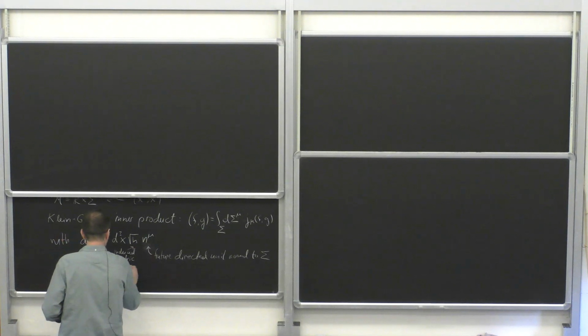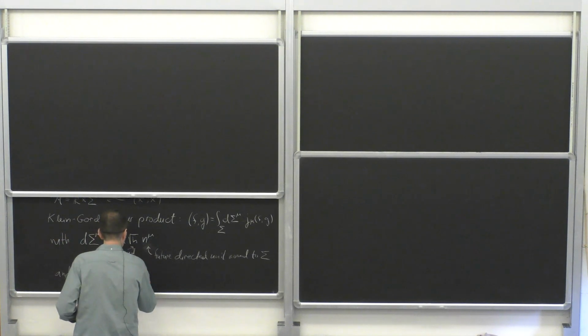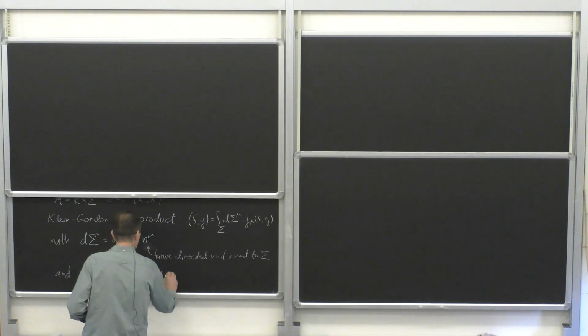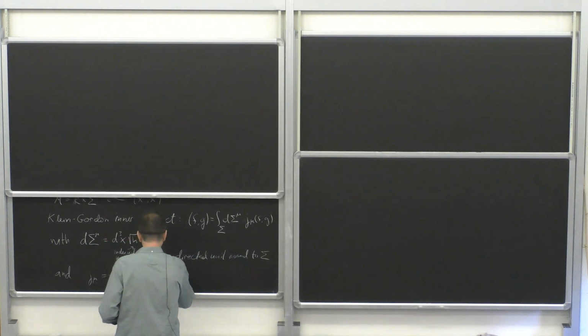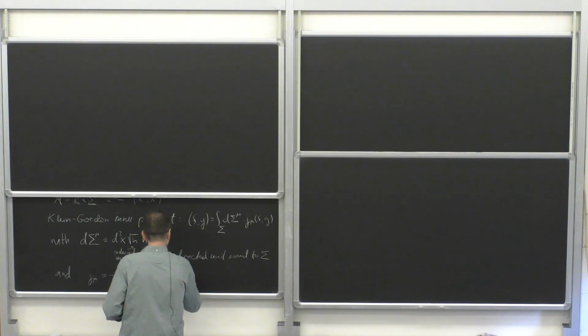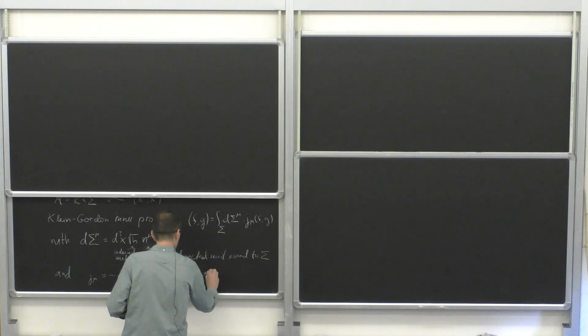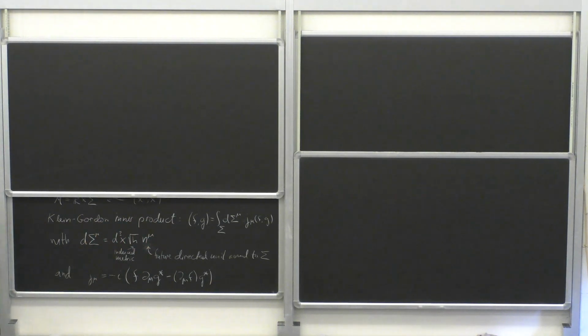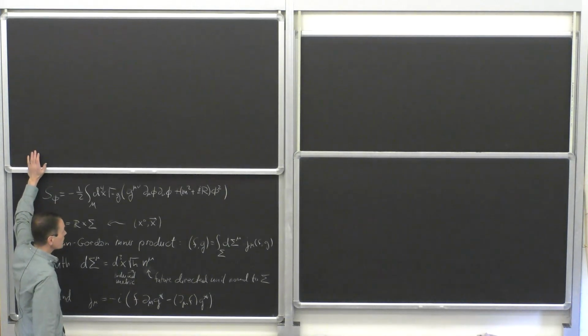There's a minus i out front, and then I have f d mu of g. So I have to take the complex conjugate here. And this is, of course, very much in parallel with what you would do if you were doing Klein-Gordon field theory on Minkowski spacetime.